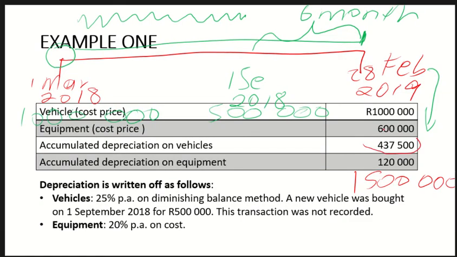This will also be an opening balance. Those two will always be your opening balances, the last two: accumulated depreciation on equipment and accumulated depreciation on vehicles. So vehicles, their cost price is a closing balance, unless the adjustments say otherwise.